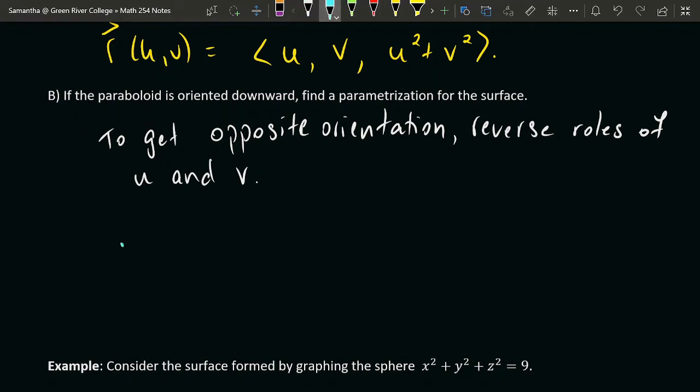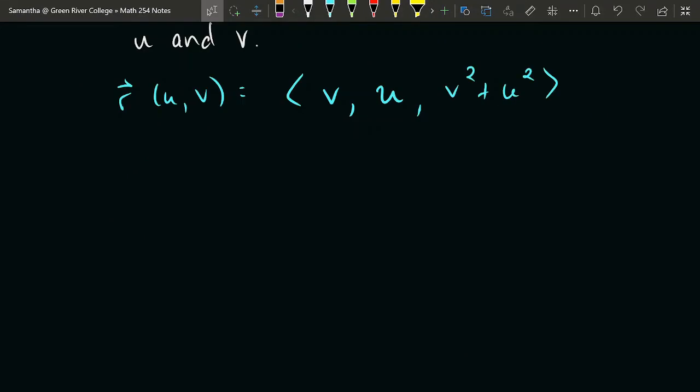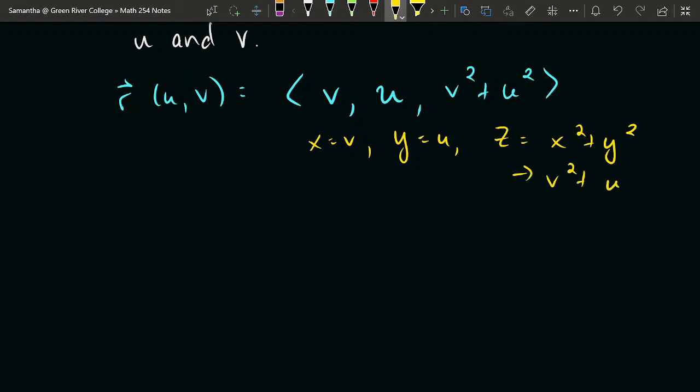Specifically, what I mean is, instead of letting x be equal to u and y be equal to v, I'm going to let x be equal to v and y be equal to u, so that x squared becomes v squared and y squared becomes u squared. Let's confirm that this choice, where x is v, y is u, and z is equal to x squared plus y squared, becomes v squared plus u squared. Let's confirm that this will have the downward orientation that this particular problem is looking for.